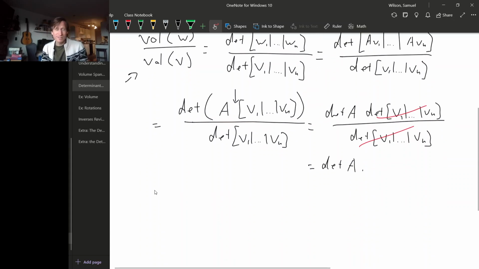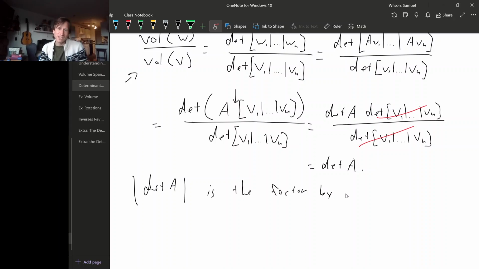In other words, the determinant of A, or really the absolute value of the determinant of A, is the factor by which multiplication by A expands volumes.